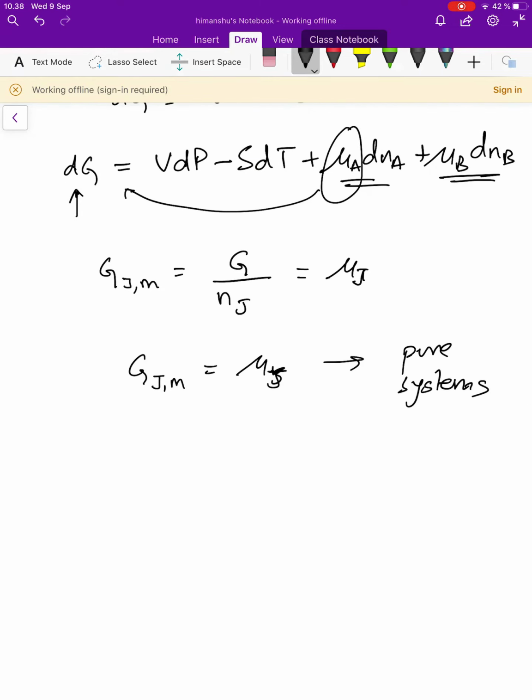There is a wider significance of the chemical potential. It can also be shown, for example, that the chemical potential of a substance is related to the internal energy of the substance while keeping the entropy, volume, and the number of moles of the other substances constant.